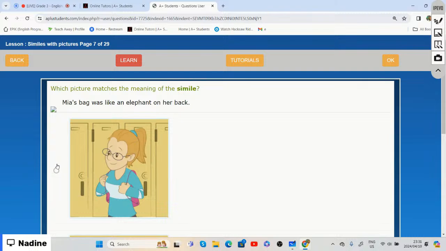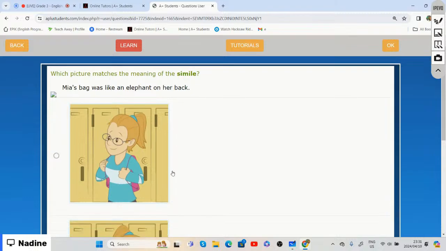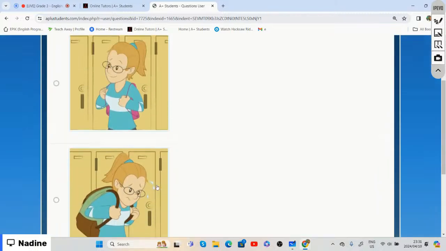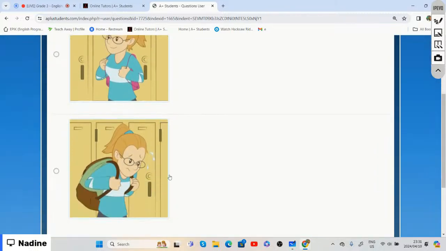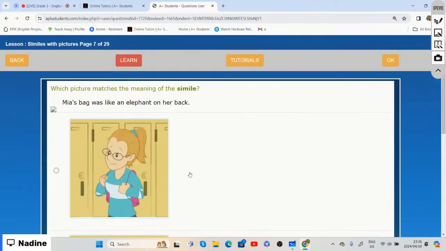And if you think of an elephant, right? Like an elephant on her back, meaning that it is extremely heavy, right? So we're going to go with option two.